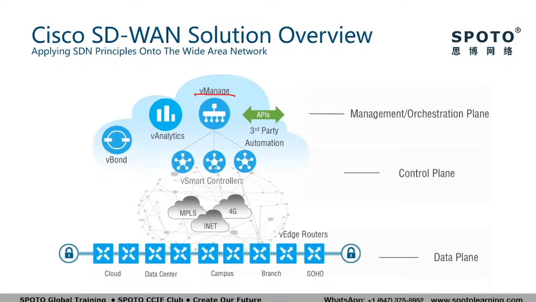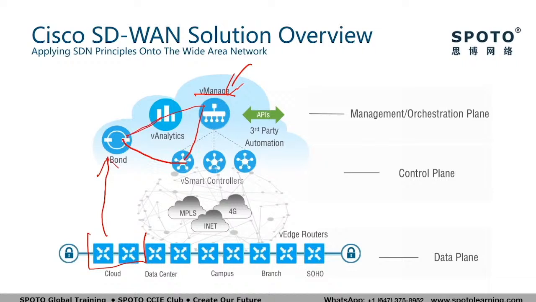The policies, configuration, and authentication are all stored here through the GUI. And when the vEdge is onboarding, it talks to the vBond first. Then the vBond, vManage, and vSmart.